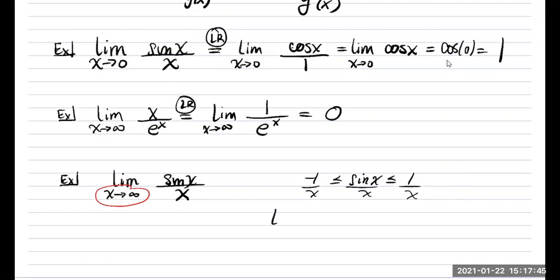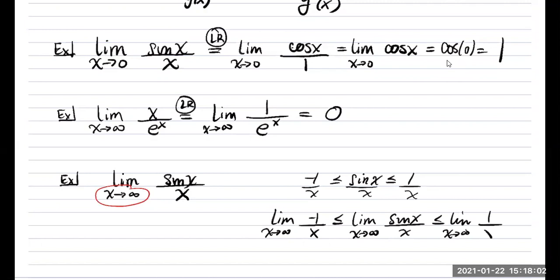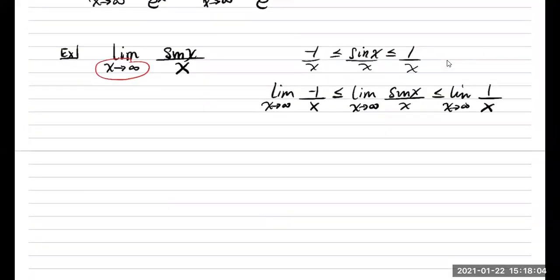Now take the limit. Okay, so the limit as x approaches infinity of -1 divided by x, well, the numerator is always -1, but the denominator increases without bound.